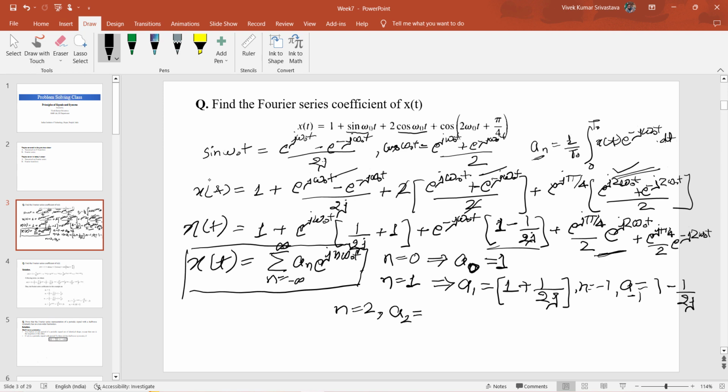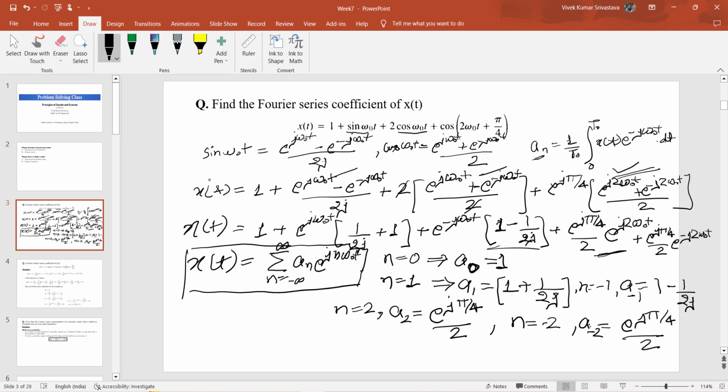Here the Fourier series coefficient corresponding to n equal to 2 will be e raised to the power j pi by 4 by 2, whereas for n equal to minus 2 the factor is represented as e raised to the power j pi by 4 by 2.